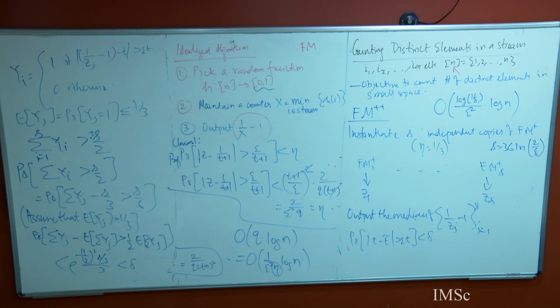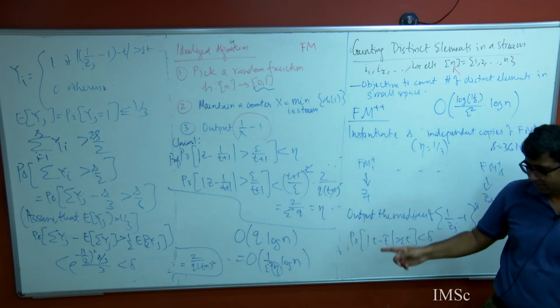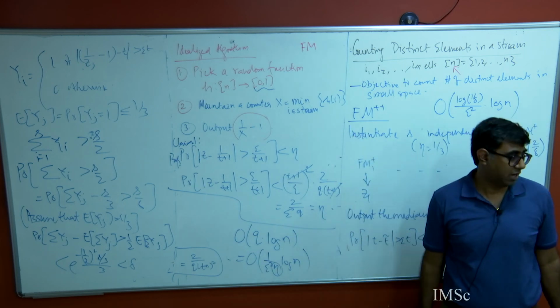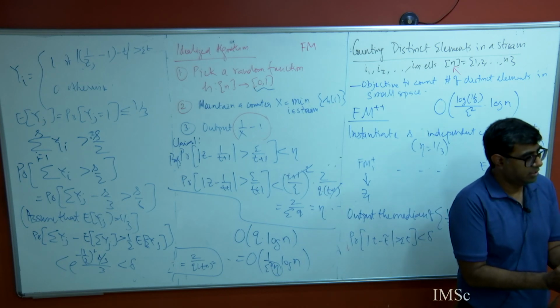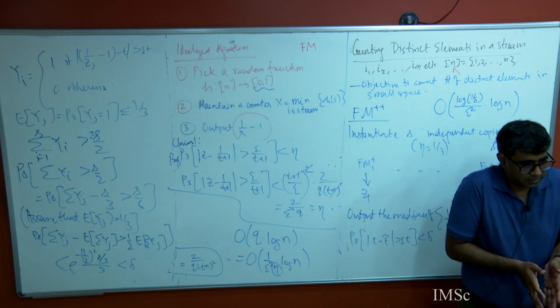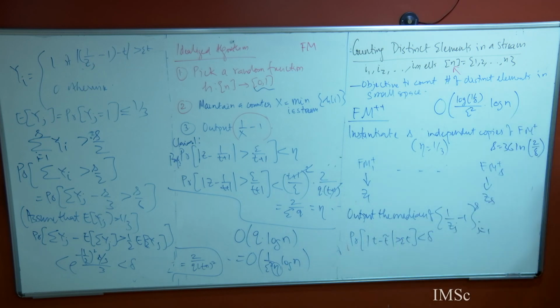So in certain applications, you could have directly run these many copies in the first round itself and we could have gotten that much bound. But in many cases, it doesn't work. So this is why people bunch them together. It's like I reduce the error first and then I run it in parallel, right? So this is a two-step process, okay?